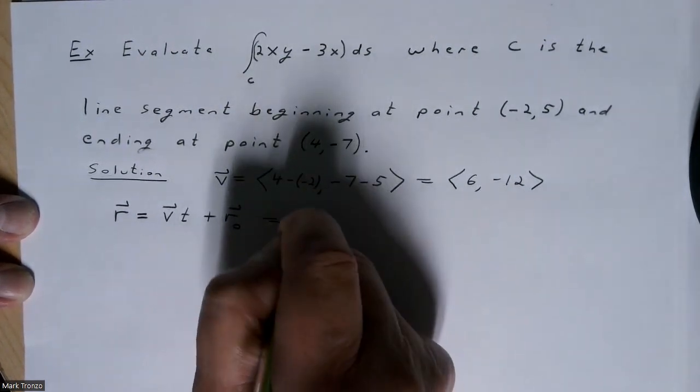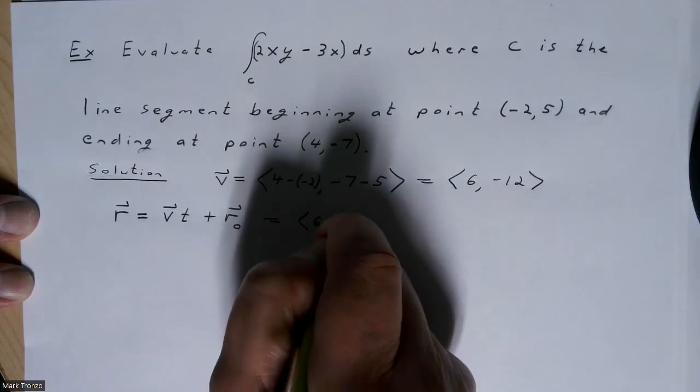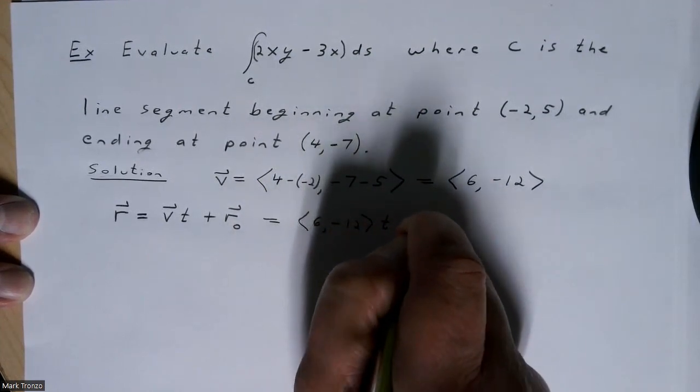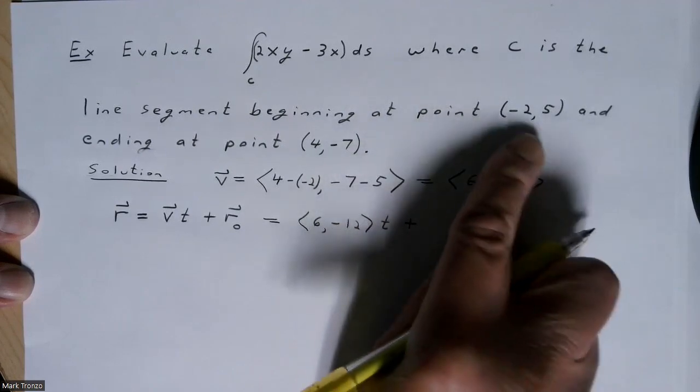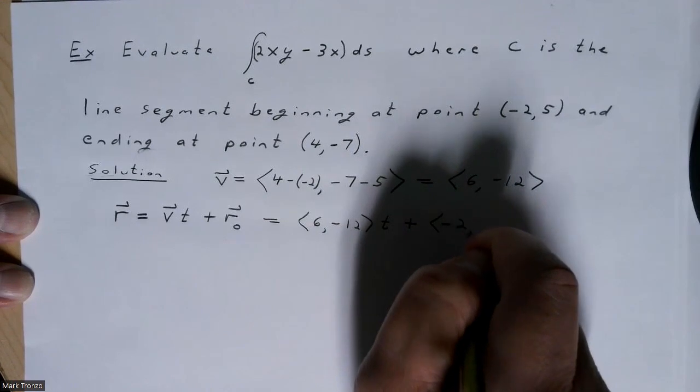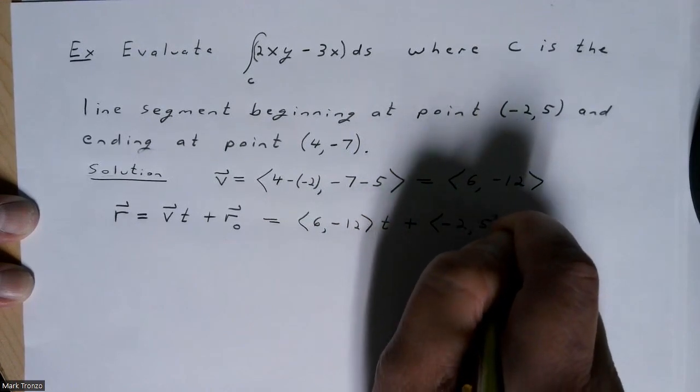So we'll just write this as 6, minus 12, t, plus this. Again, the first point has to be the first point.